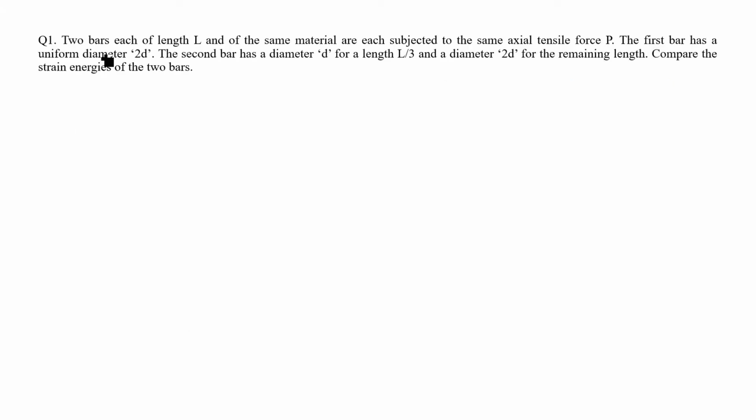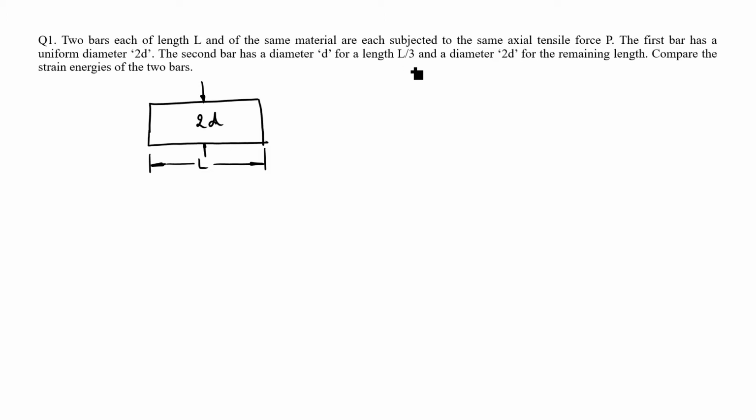Two bars, each of length L and of the same material, are each subjected to the same axial tensile force P. The first bar has a uniform diameter 2d. So we are talking about a bar which has diameter 2d, and the length of the bar is L. The second bar has a diameter d for a length of 1/3.